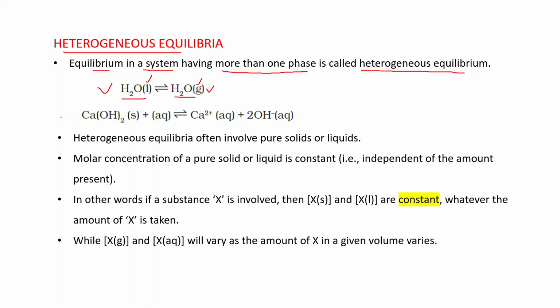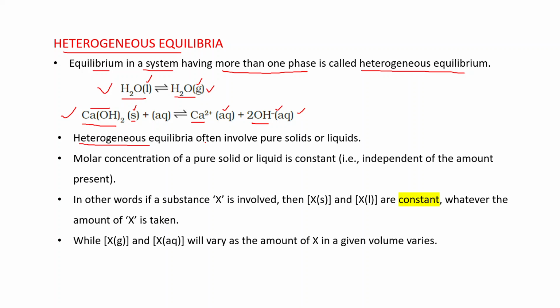One more example: Ca(OH)2 in the solid state, when dissolved in water. Actually, it is partially soluble in water, so it dissociates to give Ca2+ aqueous and 2OH minus aqueous. Again, this is solid, this is aqueous, this is aqueous. Different phases are there, so this is an example of heterogeneous equilibrium.